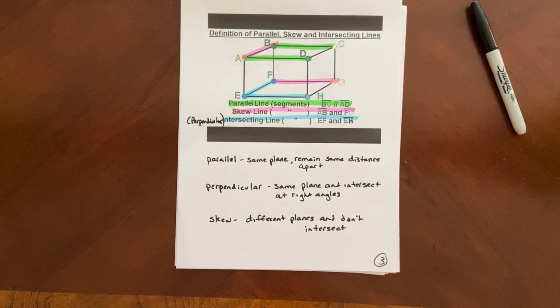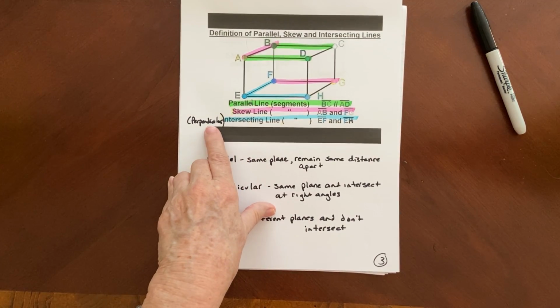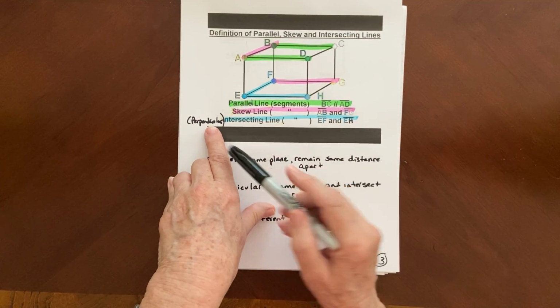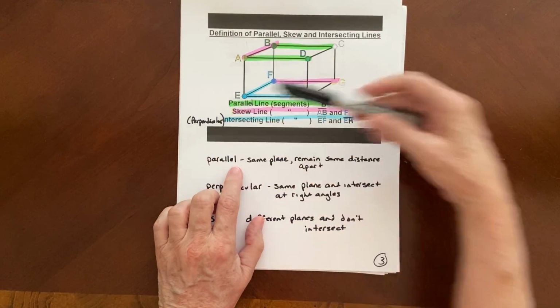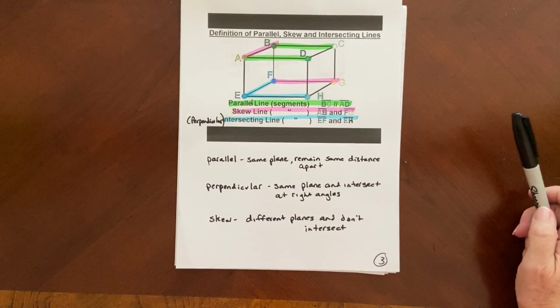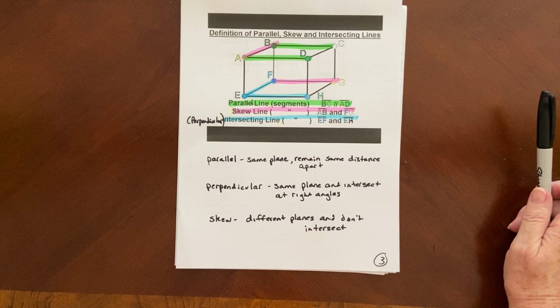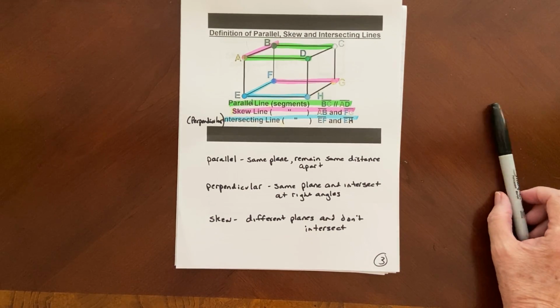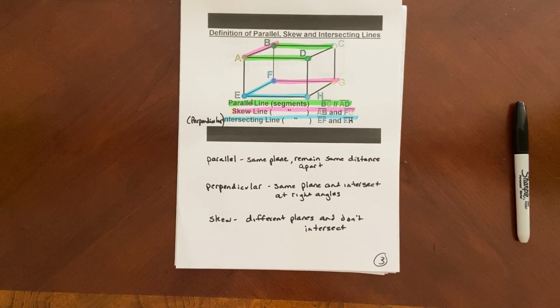So they're skew. Perpendicular lines are in the same plane, and they intersect at right angles. So the intersecting lines, perpendicular lines, are the blue ones. So that one's going to come that way, that one's going to come that way, and they're going to meet, and they're perpendicular. They meet at right angles. Okay, so that was that little bit in there that they didn't give you any examples about.